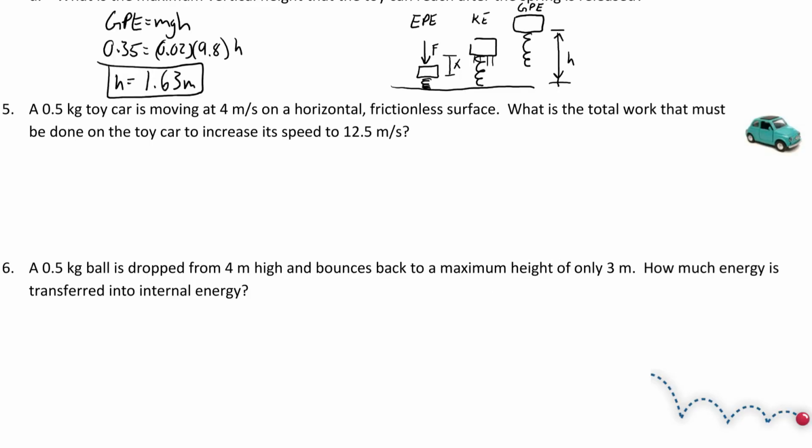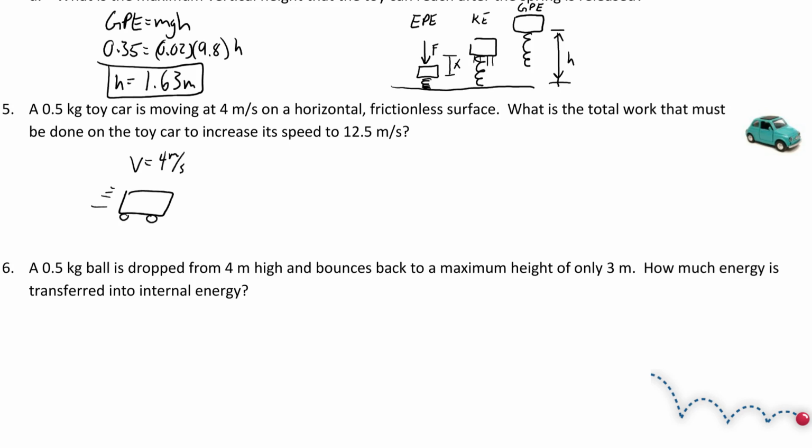Number 5 says a 0.5 kilogram toy car is moving 4 meters per second on a horizontal frictionless surface. What is the total work that must be done on the toy car to increase its speed to 12.5 meters per second? So you have the car, and it's initially traveling already with some velocity, 4 meters per second.